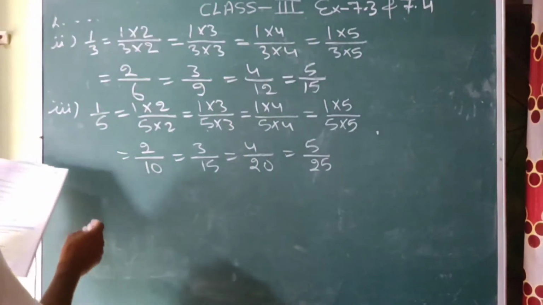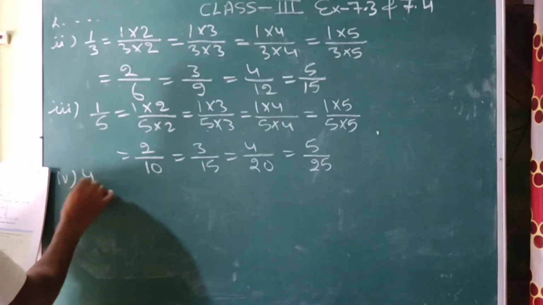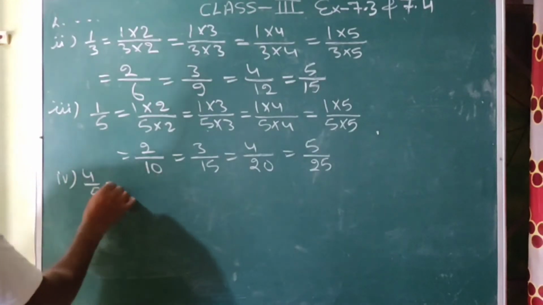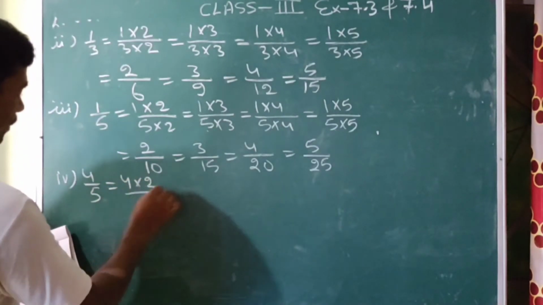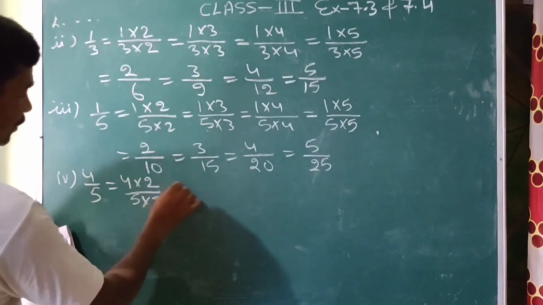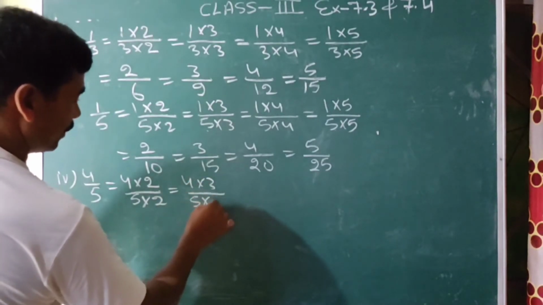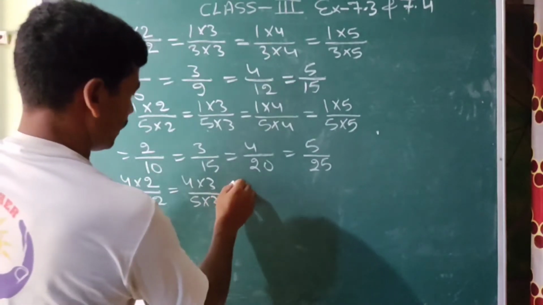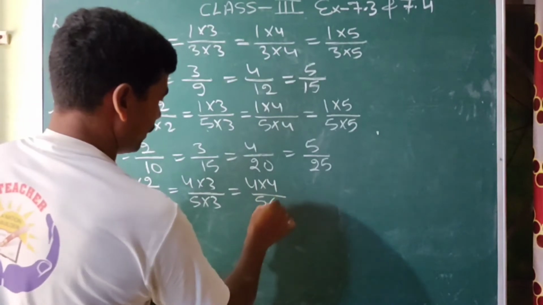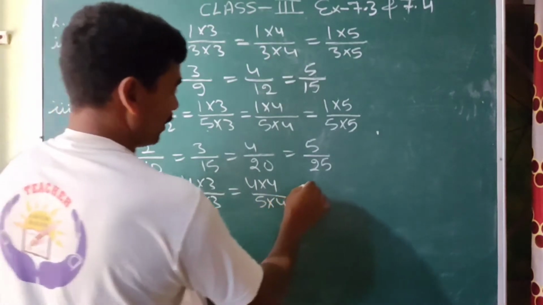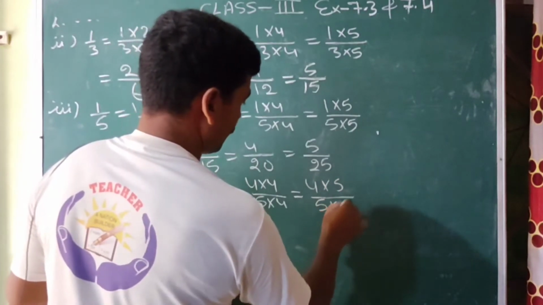Then question part number 4, 4 upon 5. The same thing: 4 into 2 upon 5 into 2, and then 4 into 3 upon 5 into 3, then 4 into 4 upon 5 into 4, then 4 into 5 upon 5 into 5.